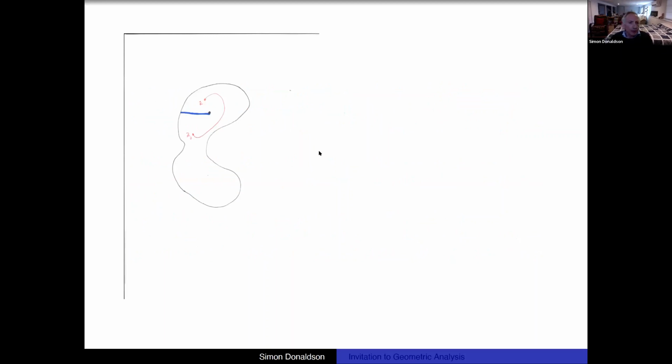This is a picture to illustrate what we've said. This is our domain. We've got the origin. We make this cut along the negative real axis here to get something simply connected. We have our function p. We define q by these path integrals, as we indicated.